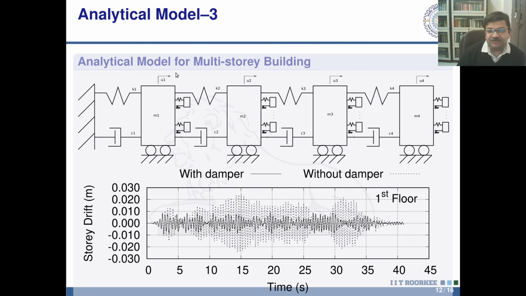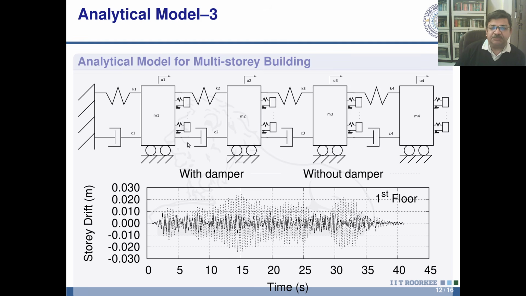And again, this model is analyzed for the same set of ground excitation, and the response with and without these auxiliary masses is computed, and this is what you see here. The continuous curve here is the result with damper, and the dotted curve is the result without damper.